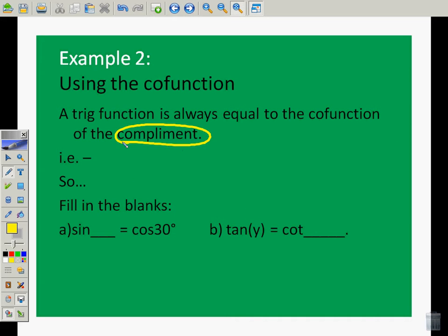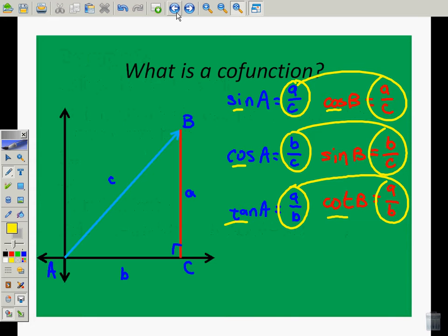For example, the sine of 40 is equal to the cosine of 50. Because think about this triangle here, guys. A and B have to be 90 degrees together. I've already got 90 here. So there's 90 left over for these two angles. So they must be complements. So guys, what I'm saying is the sine of 40 is equal to the cosine of 50.